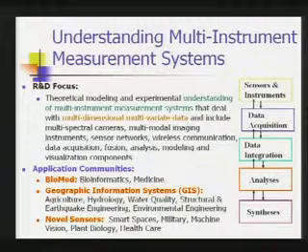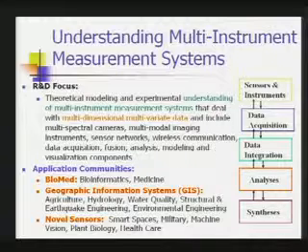So it's a very broad spectrum of domains that we are trying to cover, going from sensor instruments through data acquisition, data integration, analysis, and synthesis.